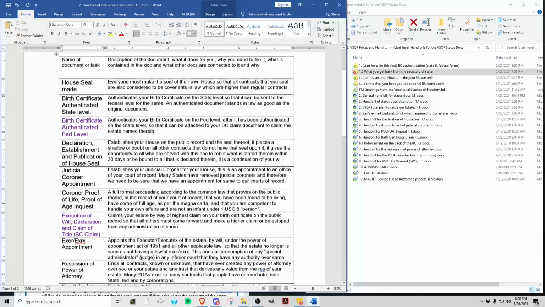As far as recording is concerned, does it have to be recorded in your birth county? No. Is it better to be recorded in your birth county? Yeah, I suppose, but there's no alteration of the validity of the documents if they're not filed in your birth county. Like if your birth county is just an absolute bunch of bastards, then fine.